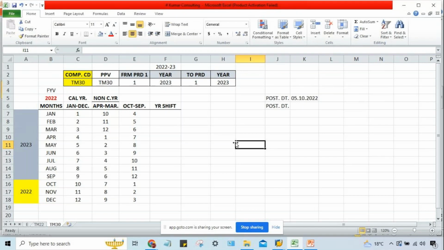Yes, 2023, guys. Why? Because I told you, from 1st October onwards the new year has started. October to September means the new year has started. Even though the calendar year is 2022, the client is saying that from first October onwards our 2023 has started. So October means first period and 2023. So the October month is over.